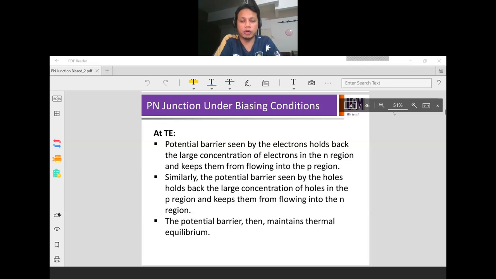Therefore the diffusion process stops into the other region. So the potential barrier then maintains the thermal equilibrium. As long as the potential barrier is not changed, the thermal equilibrium will be maintained. So this is what we have discussed in our previous lecture.